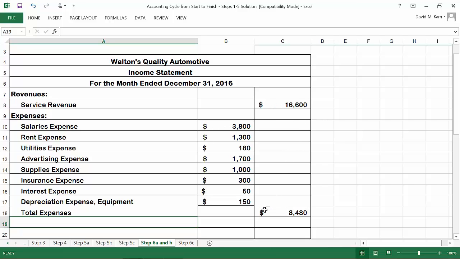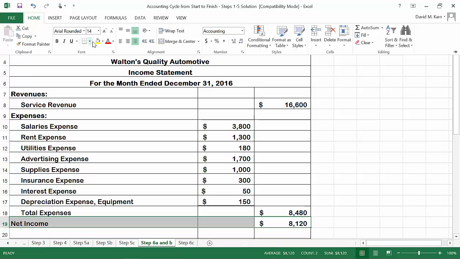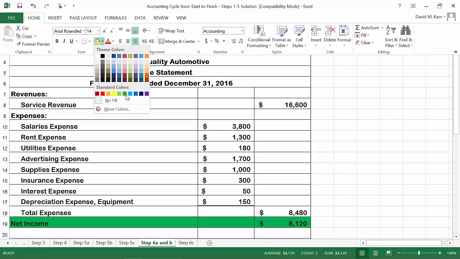Subtract out total expenses. In this case, we know revenues are greater than expenses, so we are going to have a net income in this problem. So we would take $16,600 minus $8,480, and we get $8,120.